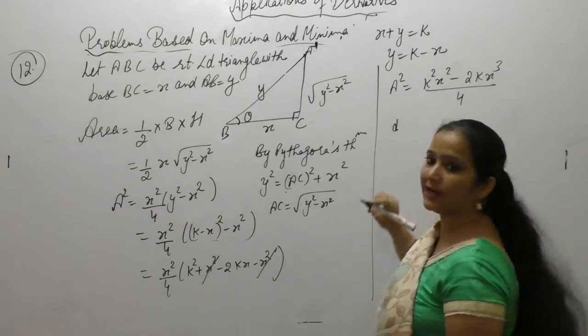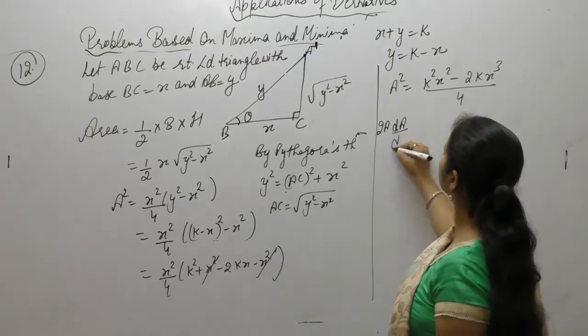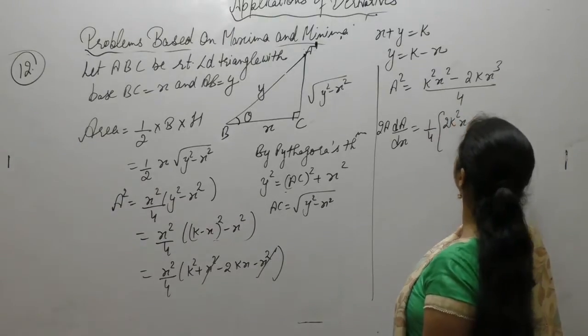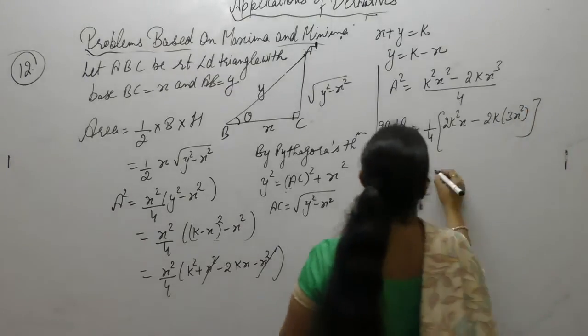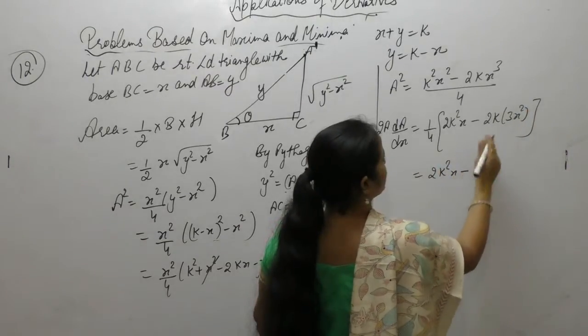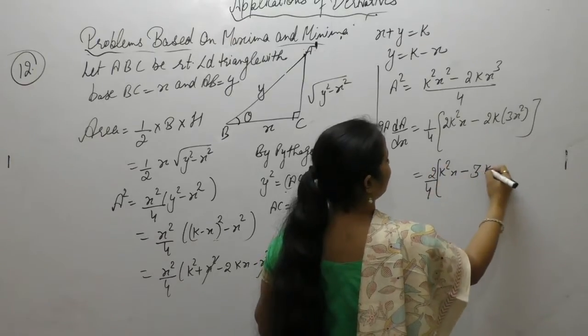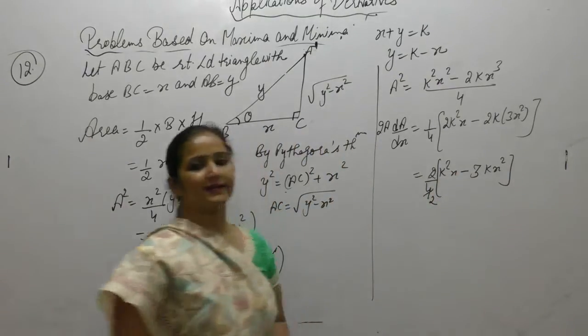Now differentiate it with respect to x. Derivative of A square is 2A. 1 by 4 is constant. K square, derivative of x square, x cube is 3x square. So 2k square x, take 2 common, minus 3k x square. We get this term.